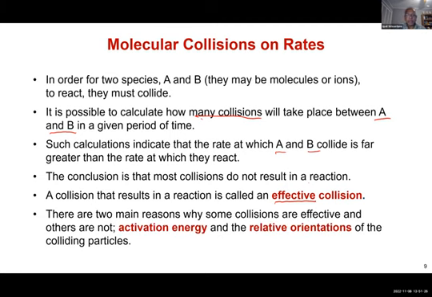The two main reasons why some collisions are effective are that they have enough activation energy, and the orientation of the colliding reactants is proper. Therefore, orientation also has an effect on effective collisions. So effective collisions are decided by activation energy and relative orientation of colliding particles.